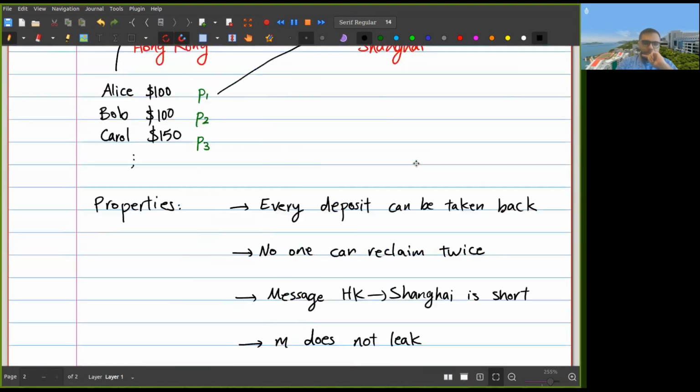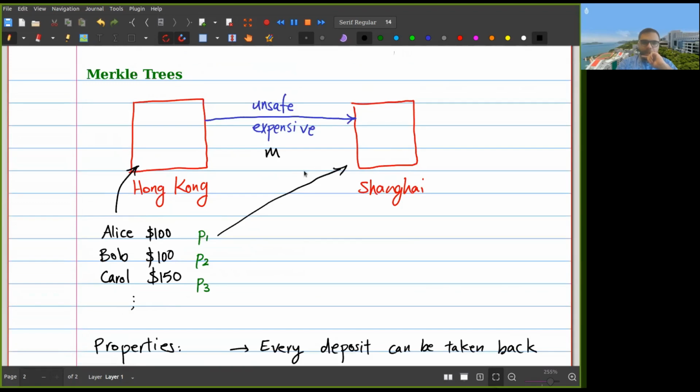Now, I want to use a similar idea here. I want to make sure that this message M is somehow a hash that contains all of these proofs, P1, P2, P3, and so on. Or somehow, if not all the proofs, at least all the identities and all the amounts here.